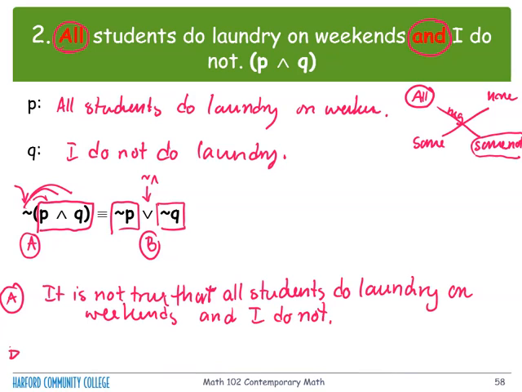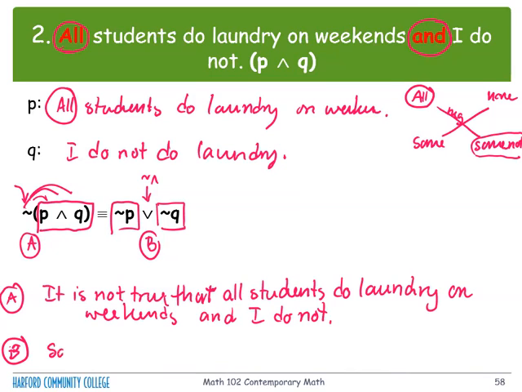And then for option B, we apply De Morgan's law. We're going to do negation P or negation Q. The negation of P, from the quantifier, is some not.